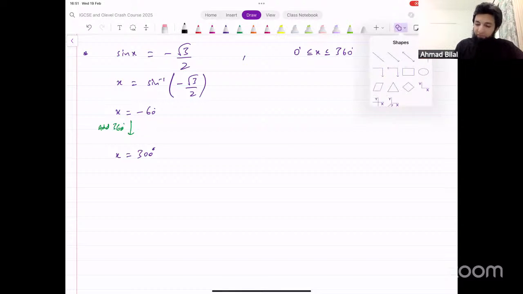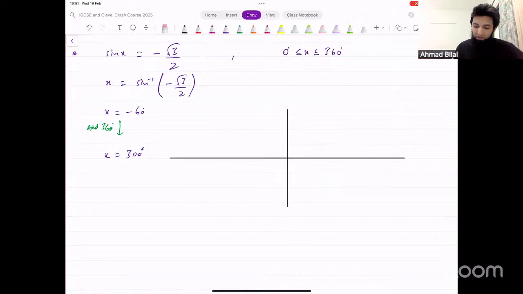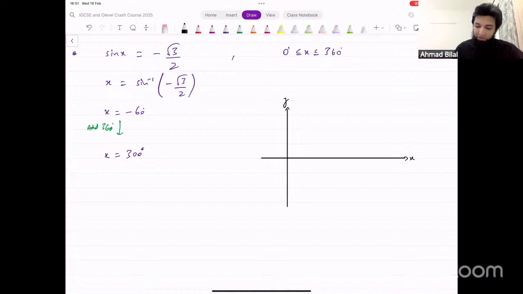You can think of the graph again. What does the sine graph look like? Let's quickly sketch that again. So I'll redraw this and not use the earlier one so that, again, we get used to drawing it quickly. This is the y-axis, this is the x-axis. How does the graph look? It has to start from 0 and end at 360.